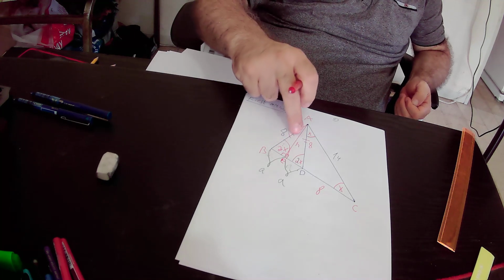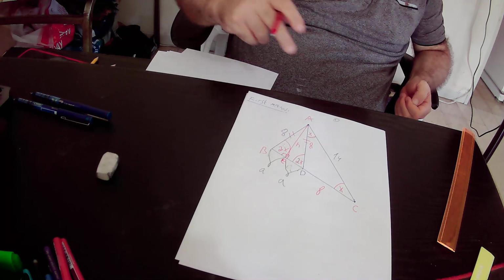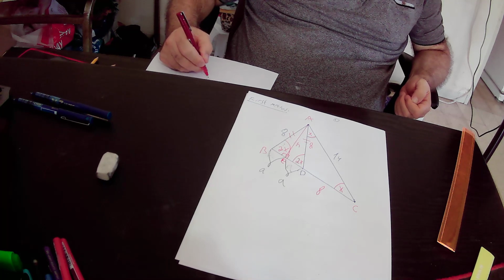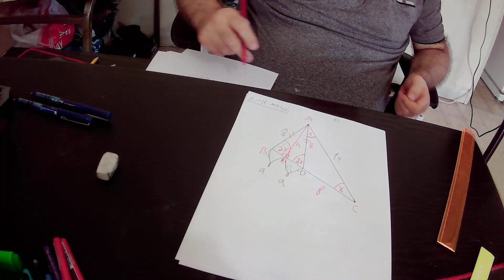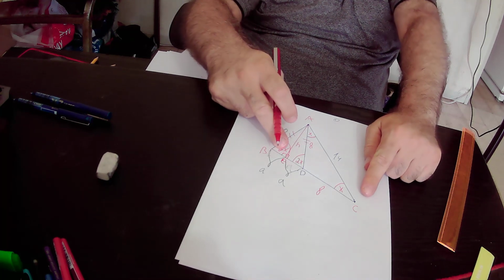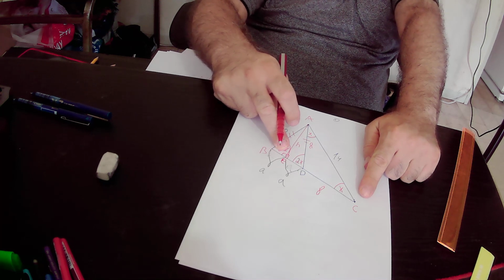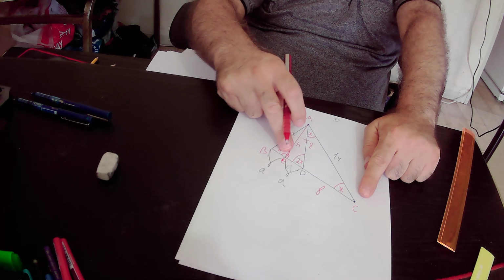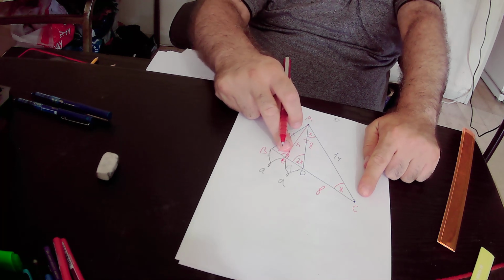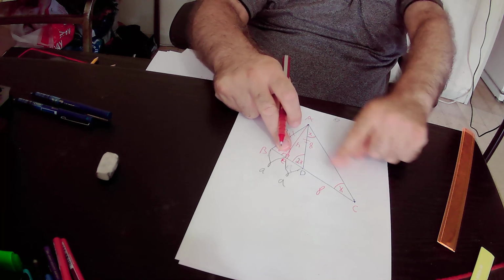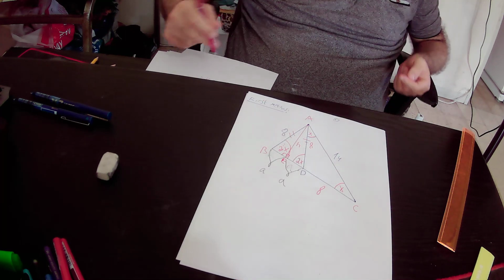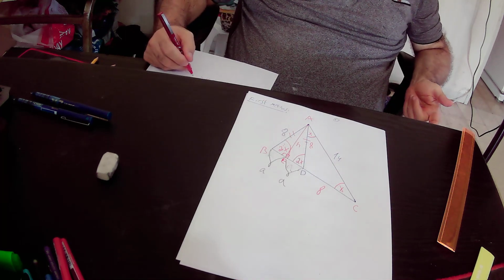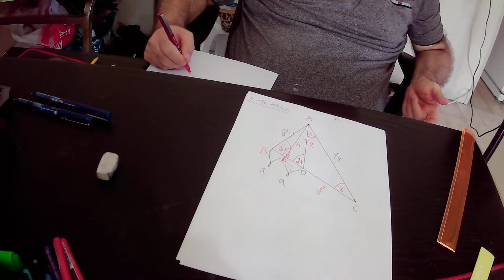What is the value of AE? AE equals H. So AE square is H square plus EC square. What is the value of EC? EC equals A plus 8. So EC square is A plus 8 square.